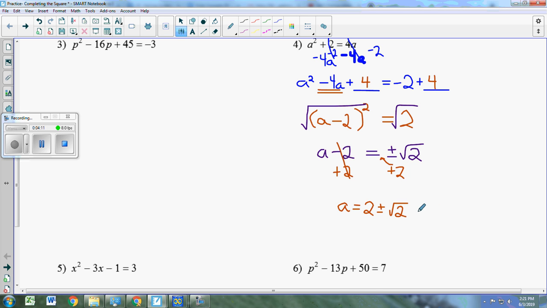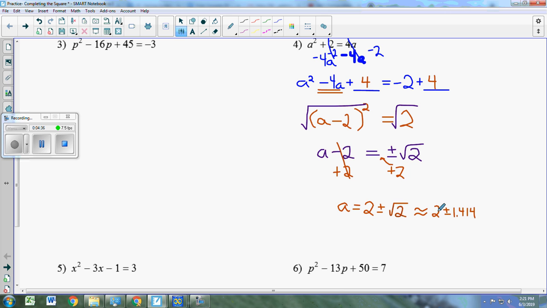Now we could get an approximate answer. So that would be 2 plus or minus the square root of 2, which is about 1.414.